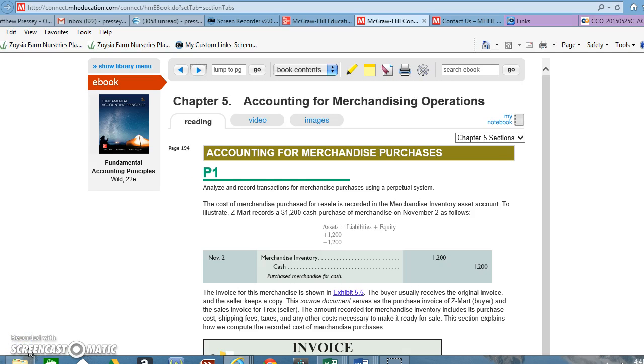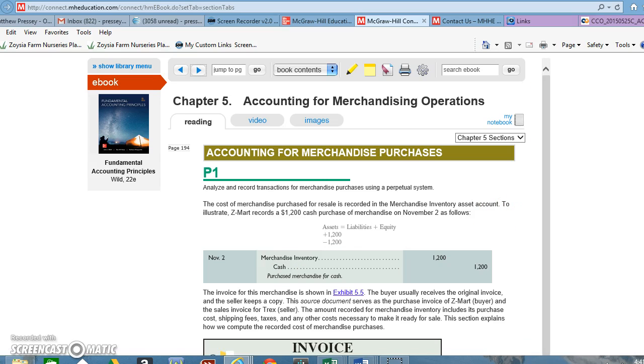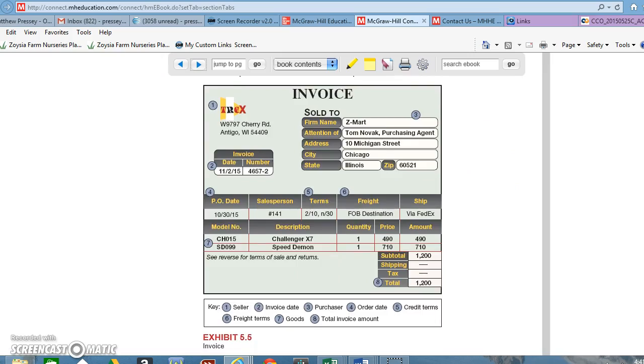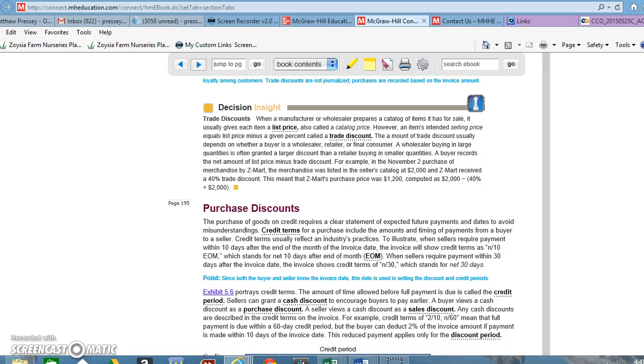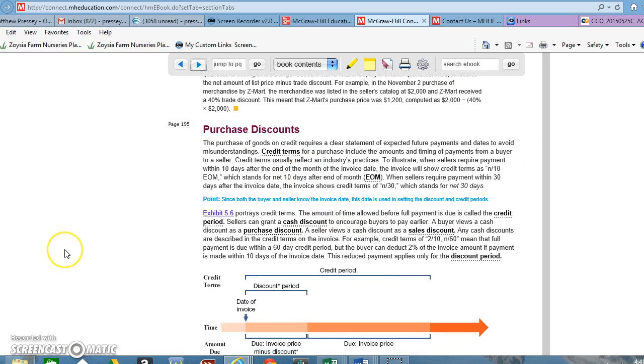Here on page 194, they start walking you through the initial purchase of inventory by the retailer, and further down here, if I can scroll down. Hold on, I'm going to have to pause for a second. We get into the concept of purchase discounts.